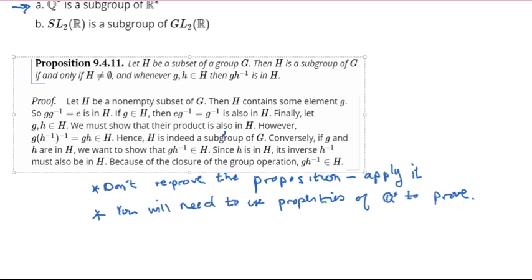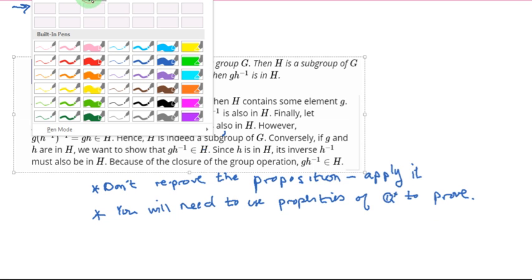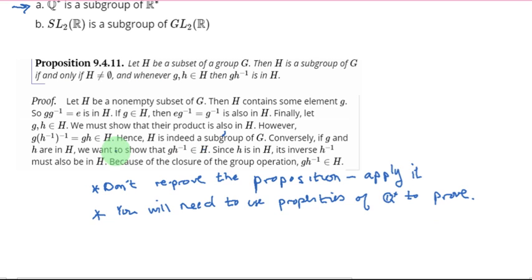So let's start with a proof. Okay, first of all, 1 is in Q star. So Q star is not empty. Okay, so that's the first thing.